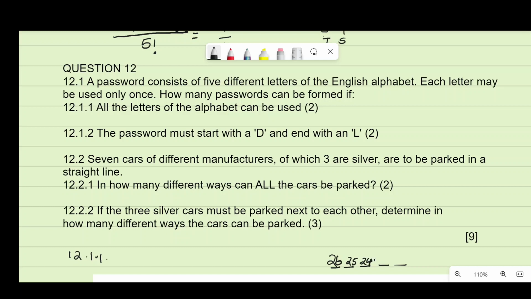Then third position, any of the remaining 24, then 23, then 22. So the final answer for 12.1.1 will be 26 times 25 times 24 times 23 times 22.